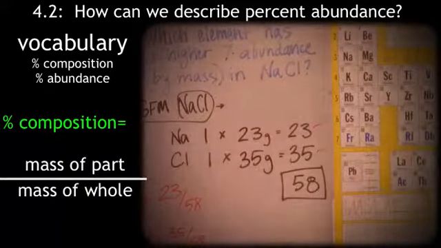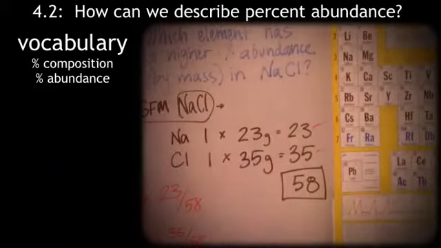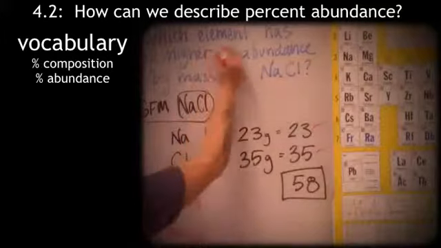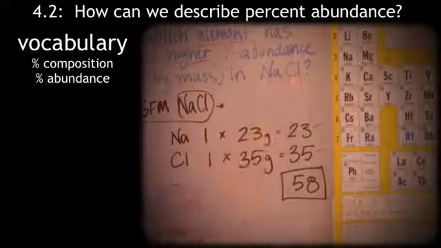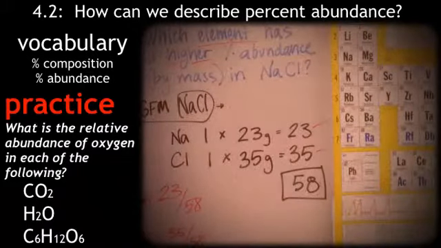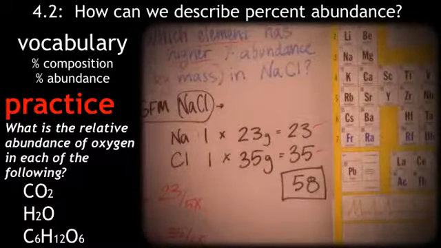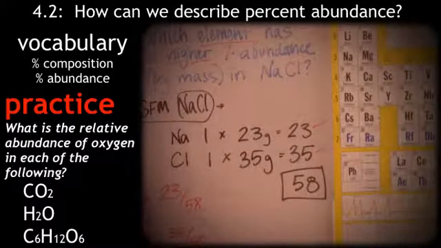Now you should all be able to figure this out just in your heads. It doesn't ask for an actual percentage. It's just asking which element has a higher percent abundance. So which one of these two numbers is bigger? Figured it out? Yes. Chlorine has a higher percent abundance in sodium chloride.